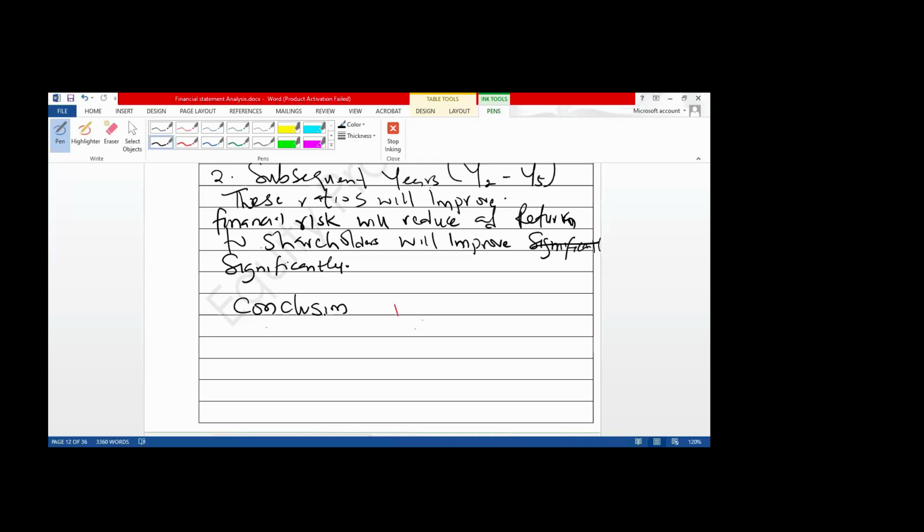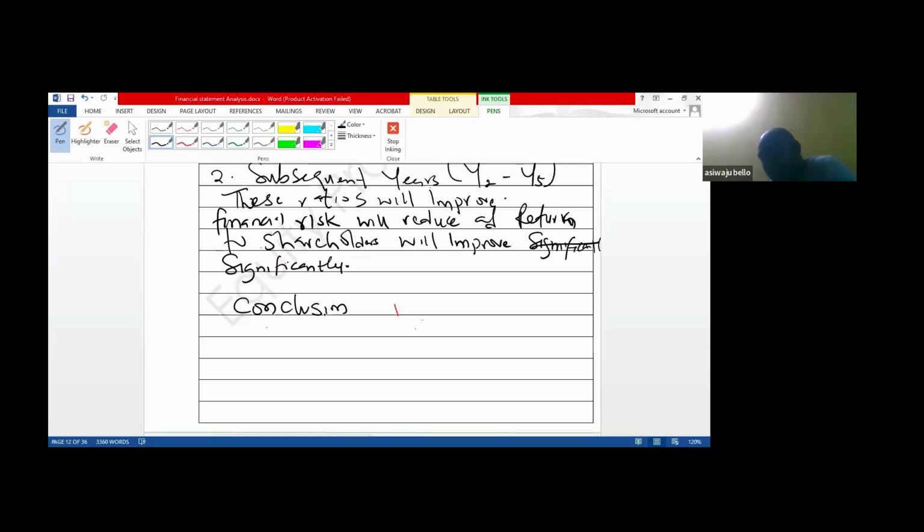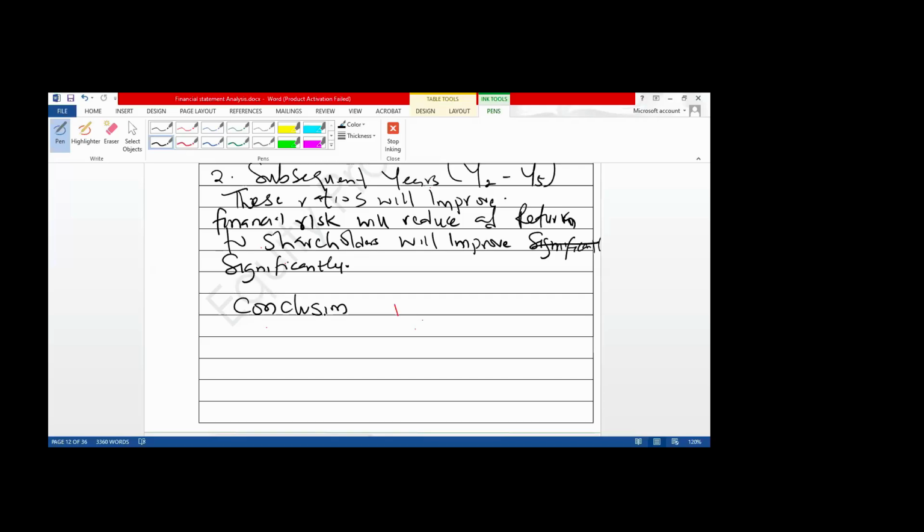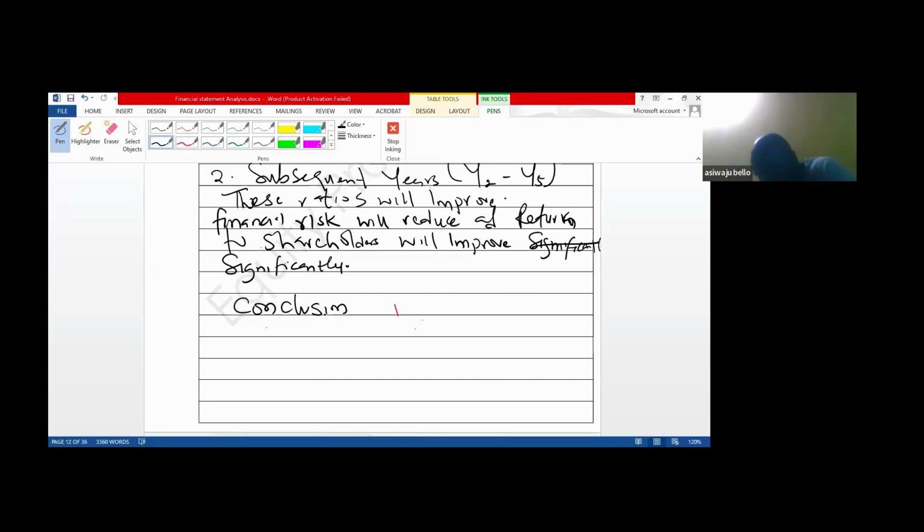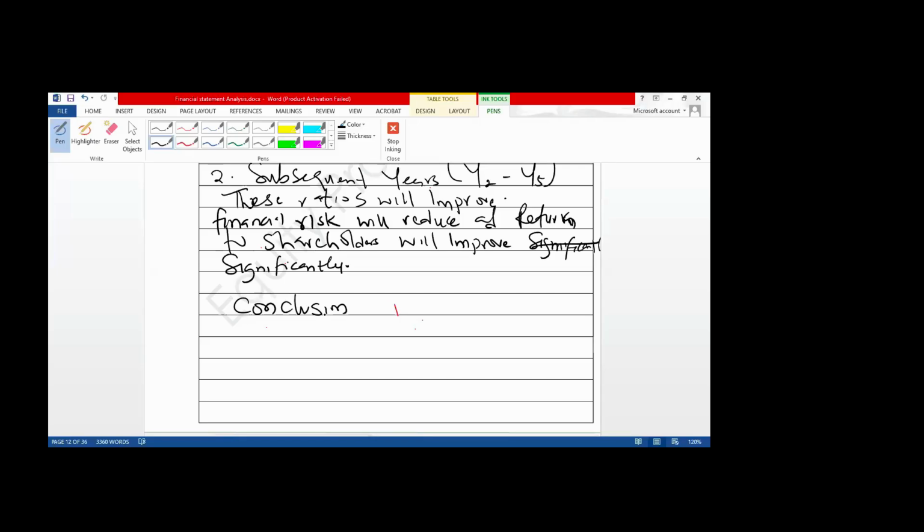So the dividend lost today, they can still gain in future when the business is expanded properly. That's fine. That means in the first year we suffer the pain, but subsequent years we stand to benefit more.